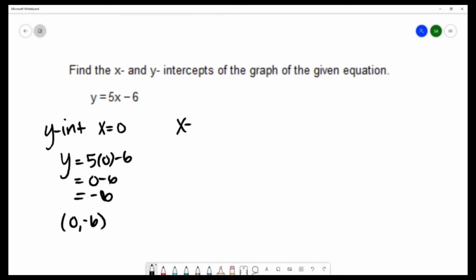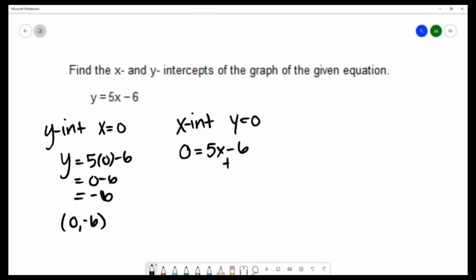Then we'll look for the x-intercept. And to find the x-intercept, you're going to let y equal 0 within your equation. So substituting that 0 in for y would give the equation 0 equals 5x minus 6.